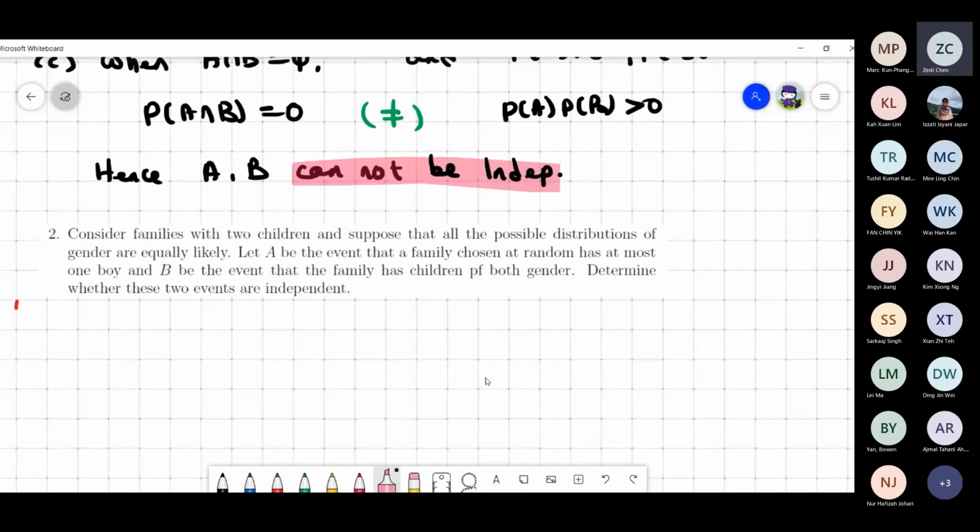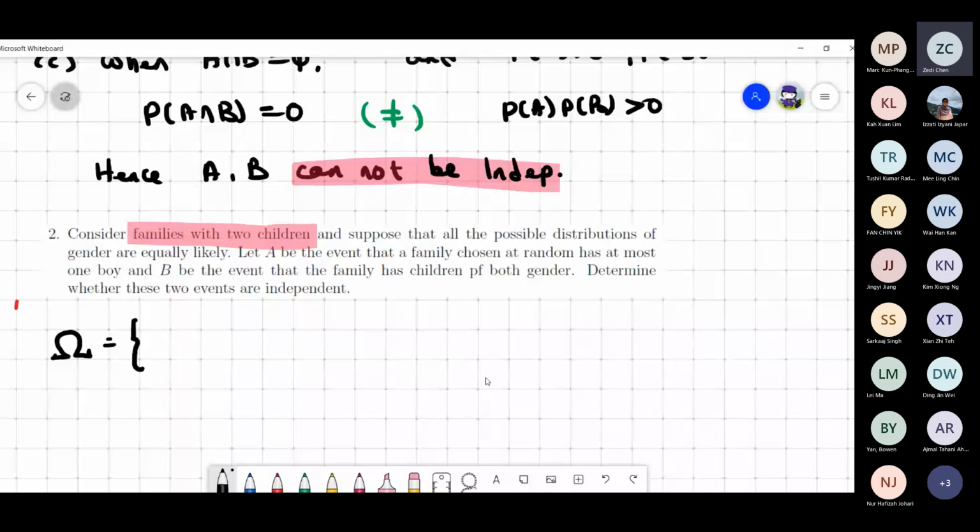Okay, so you look at here. We look at families with 2 children, and suppose that all the possible distributions of gender are equally likely. First of all, we look at a family with 2 children. So in this case, our sample space consists of 4 outcomes.